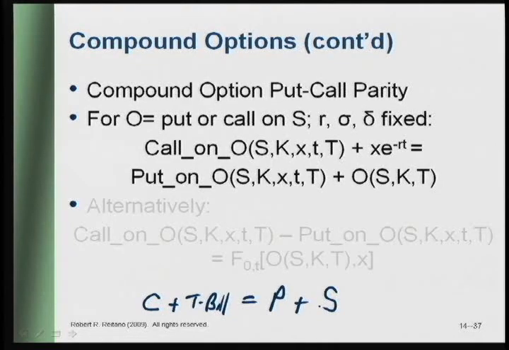That's a natural portfolio because the call gives you the right to buy the option, and the T-bill gives you the funds to make the purchase if you desire. The other portfolio, a put and the option, again is a natural portfolio. You have a put, which gives you the right to sell the option, and holding the option gives you the option to sell if you choose to do so.